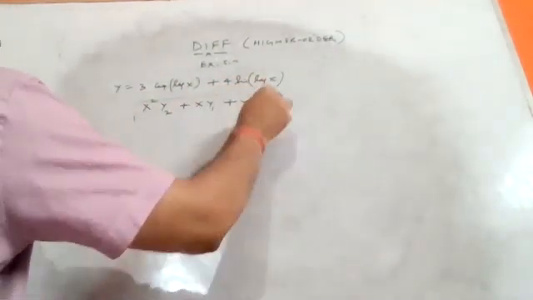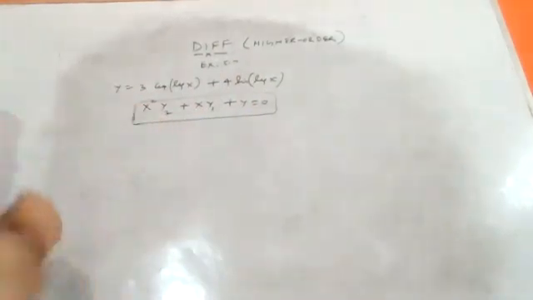You have to show this. Here y2 is the second order derivative, and y1 is the first order derivative.